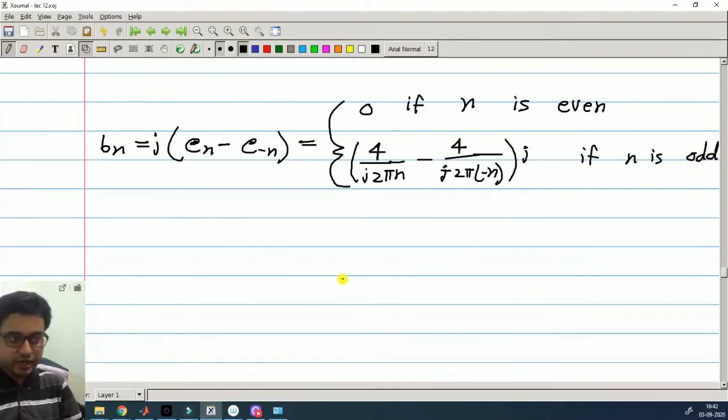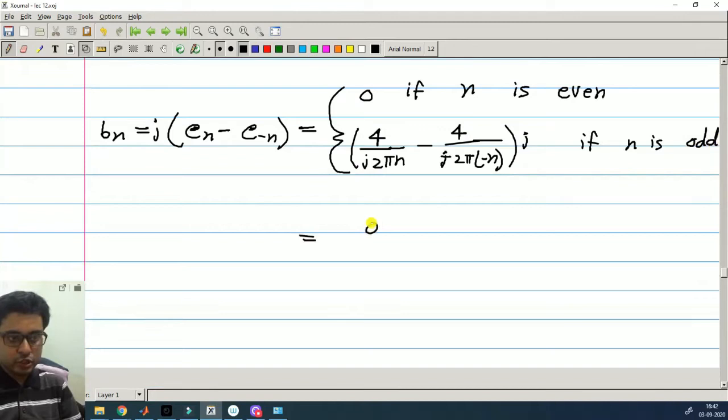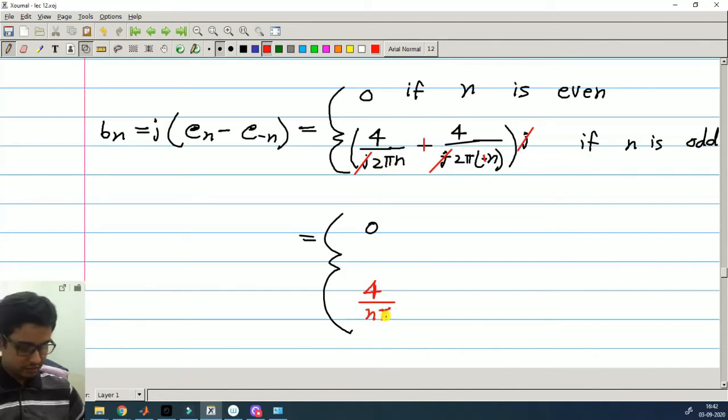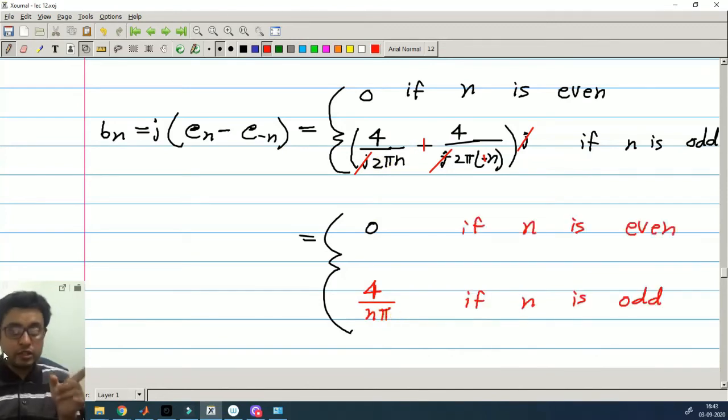So you can write this as equal to 0 for even n, and for odd n this j goes away, this becomes plus, and this will give us 4 by n pi. Now if you go back to your yesterday's note, you will see that we got exactly the same result.